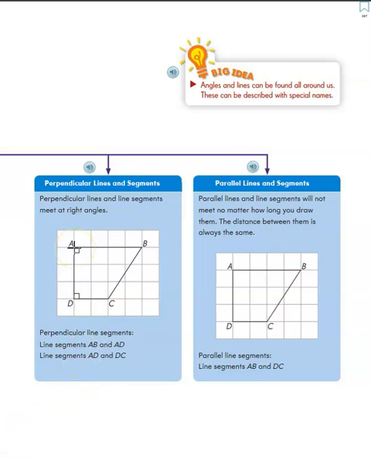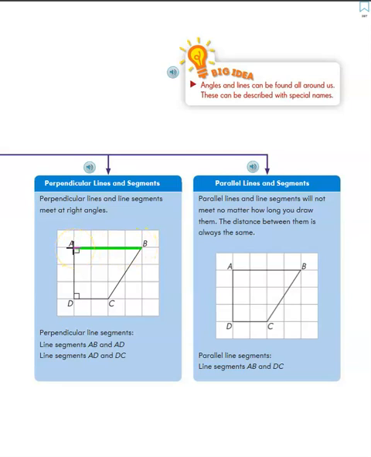So this is telling us that perpendicular line segments AB, that's this one right here, that's the segment AB, remember, because it's got a point here, point A, and a point here, point B, so we can call it line segment AB.